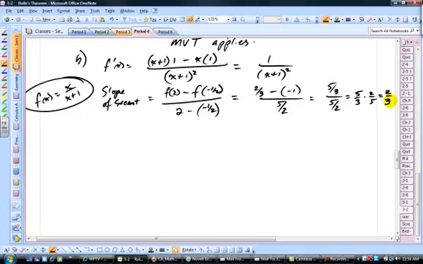Now we're trying to find C between A and B, so that the slope of the tangent line in step 1 is equal to the slope of the secant line in step 2. So now we want them equal. You got 1 divided by the quantity x plus 1 squared is equal to 2/3, and you got to solve that.